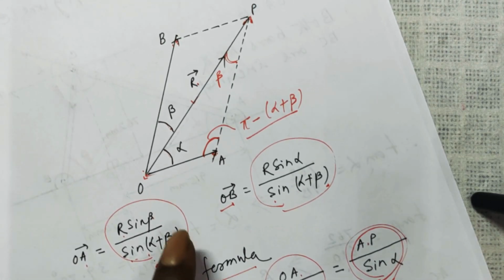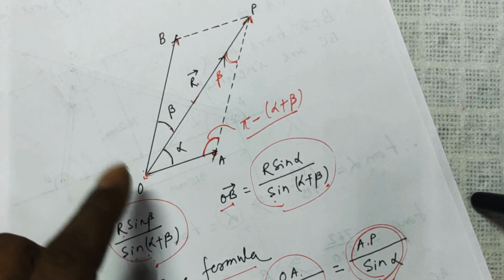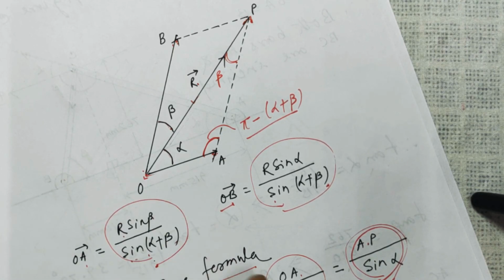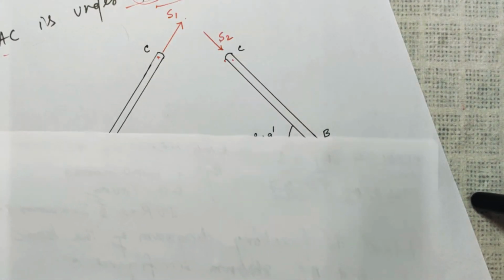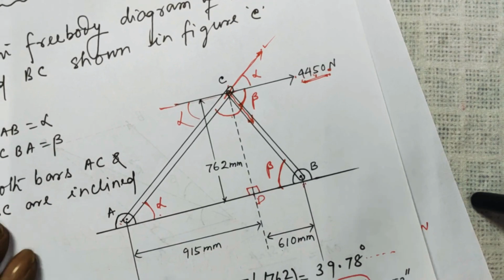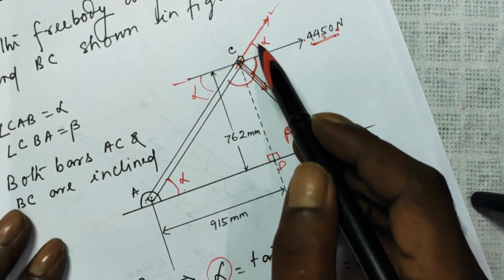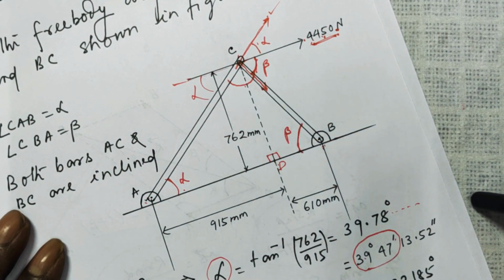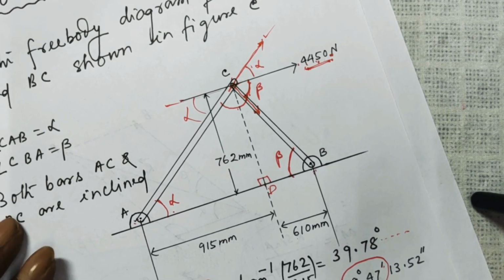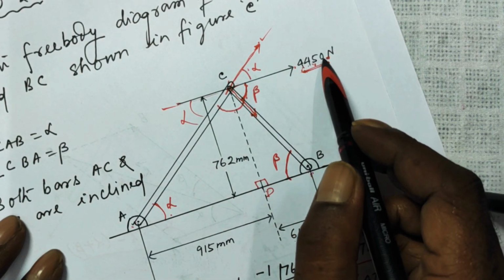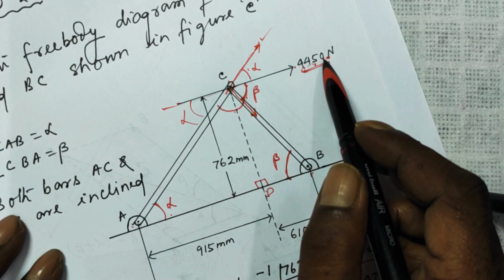You have to use this method to find the components of vectors, because in this case alpha plus beta is not 90 degrees, so you cannot use the method of 4450 cos alpha, 4450 sin alpha.